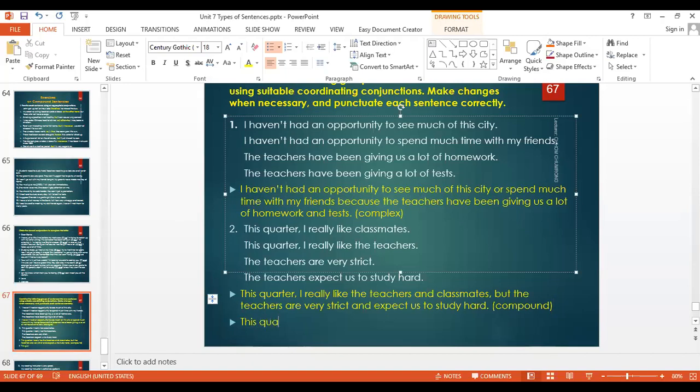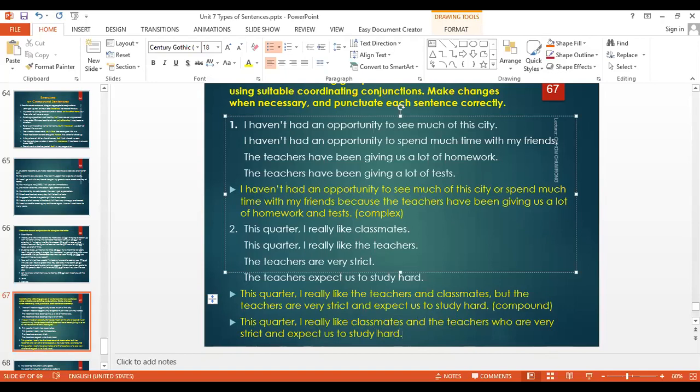This quarter, I really like the classmates and the teachers who are very strict and expect us to study hard. How about this sentence, everybody?